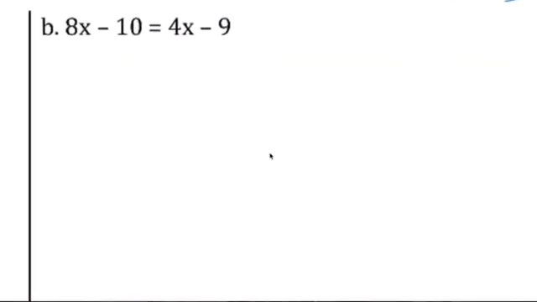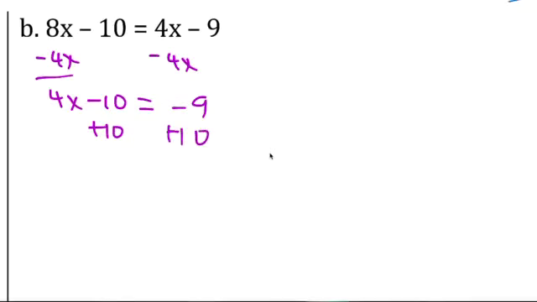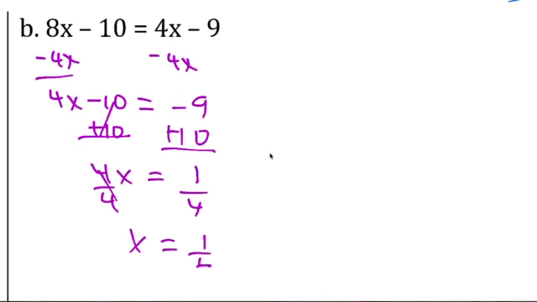Then b minus 4x, add 10, divide by 4, x is 1/4, one solution.